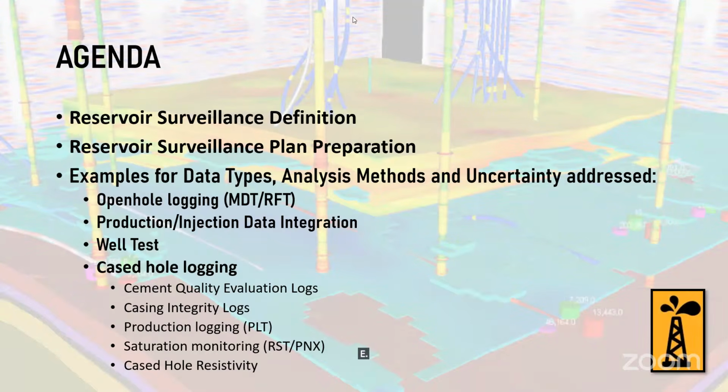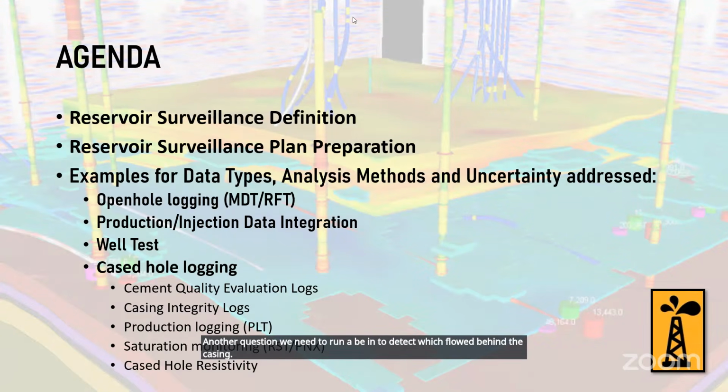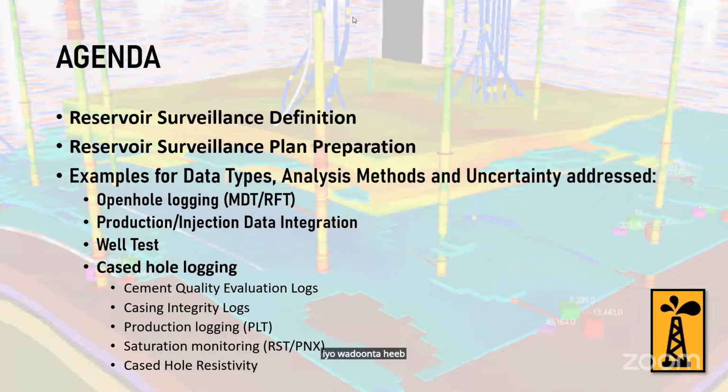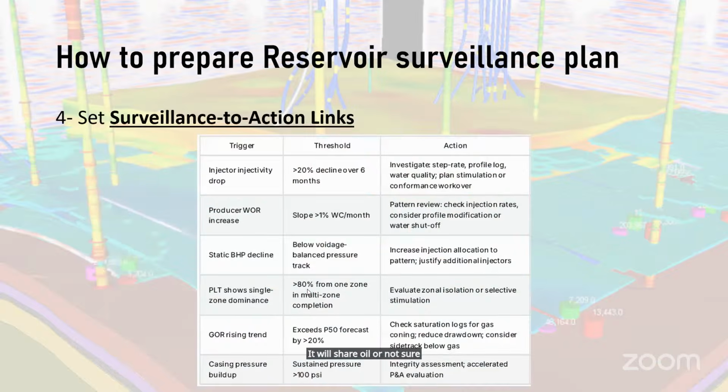Another question: do we need to run an RST to detect which fluid is behind the casing before making a decision to reperforate or stimulate? For sure, yes, in case you don't have any indication of whether this perforation will give oil or not, you should run the RST.